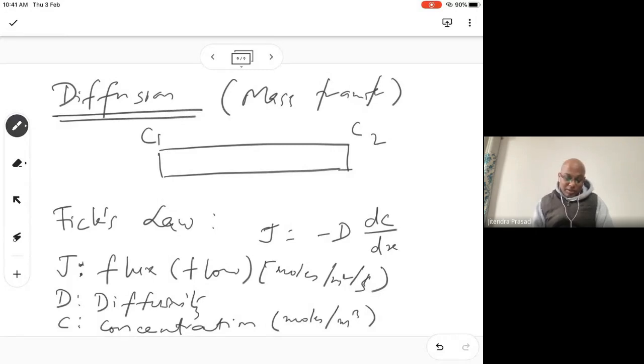The rest you can find out based on this, including the units of D. This is also again a steady state. This is a fixed law.